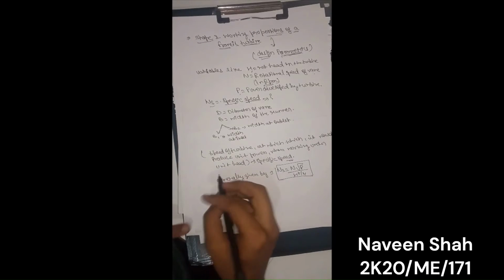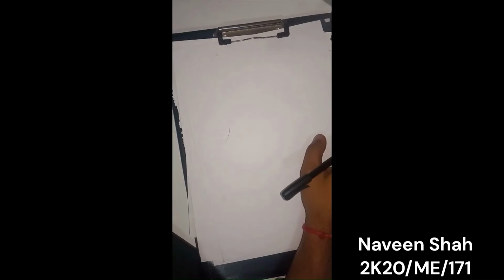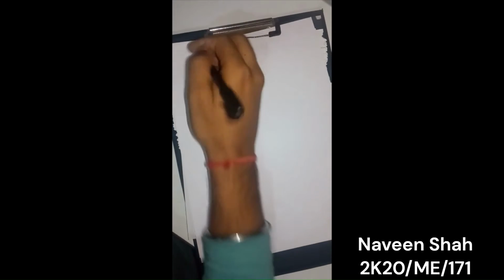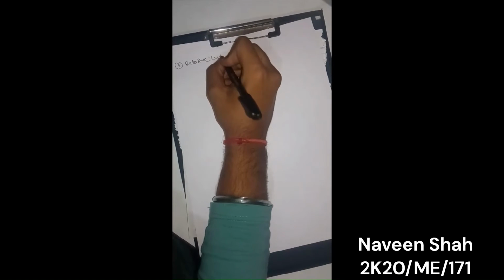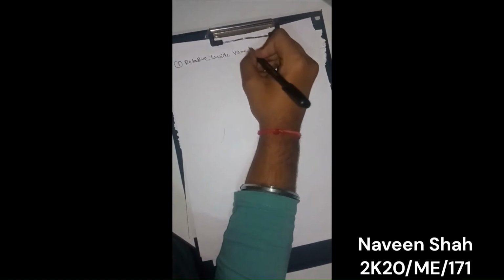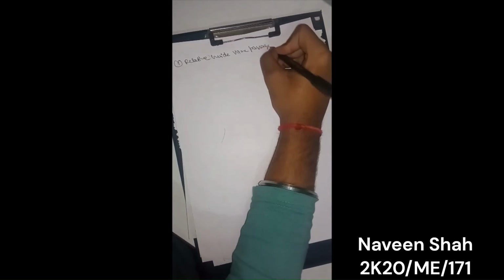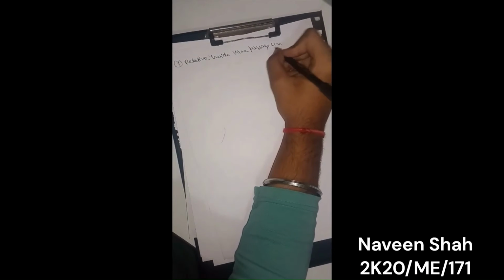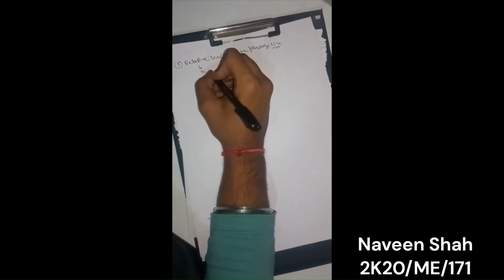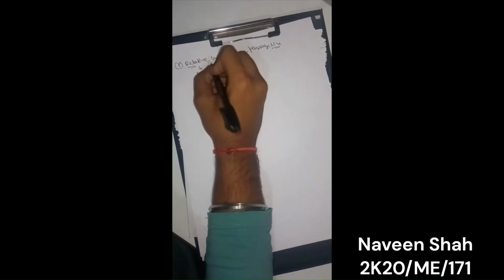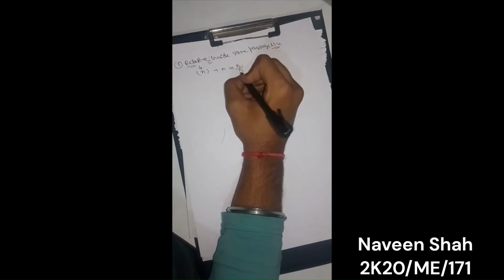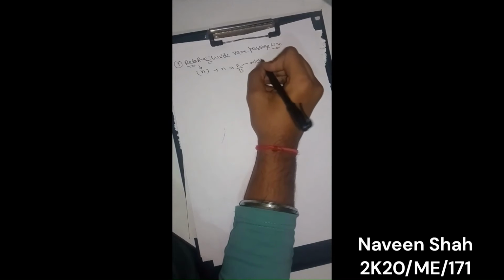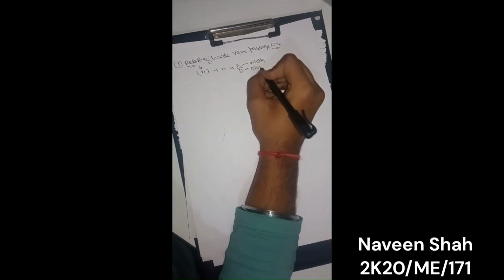Now we will look into these parameters. The first one is the relative guide vane passage size. It is denoted by n, the ratio of B by D, where B is the width and D is the diameter.